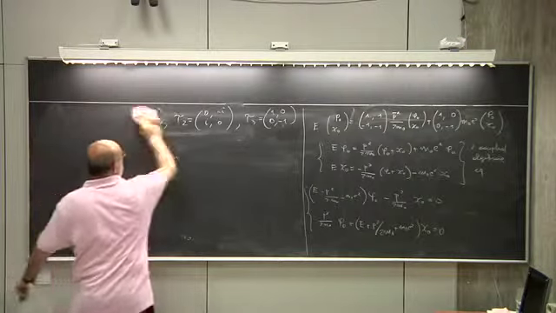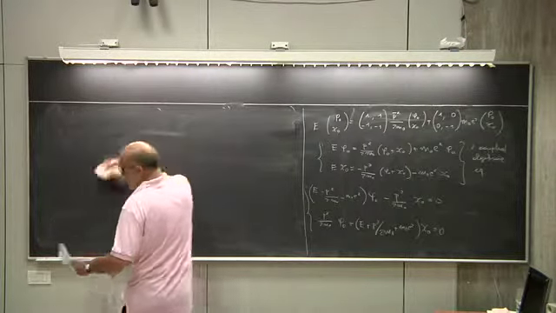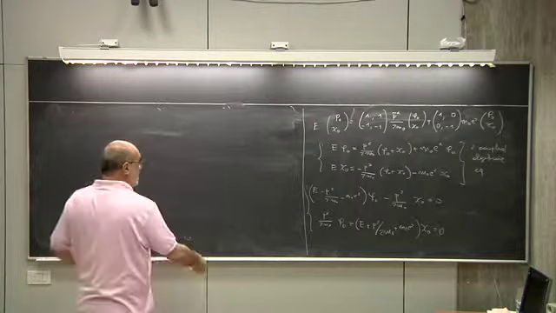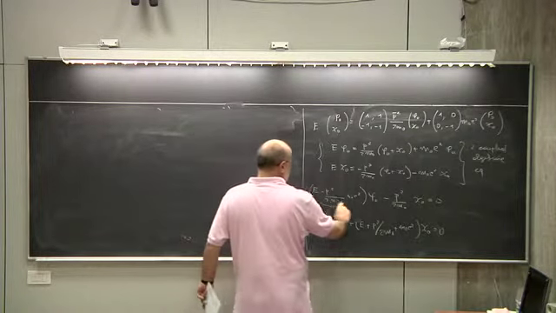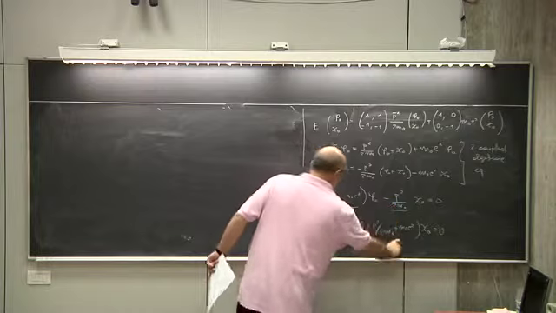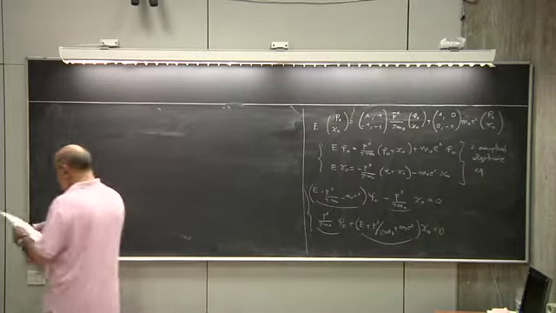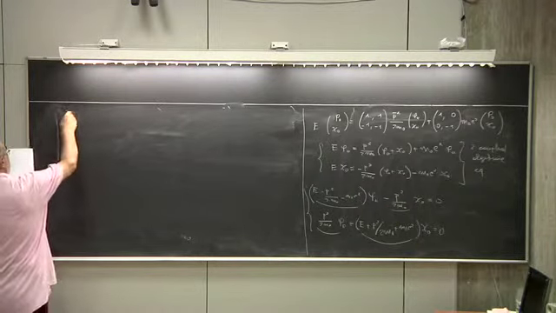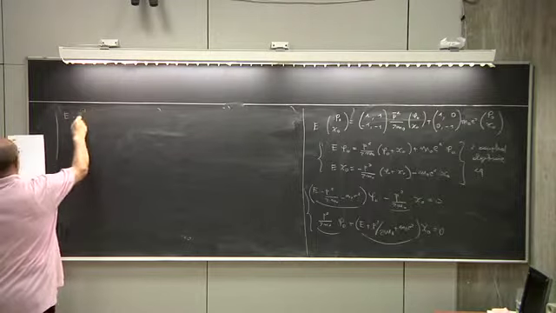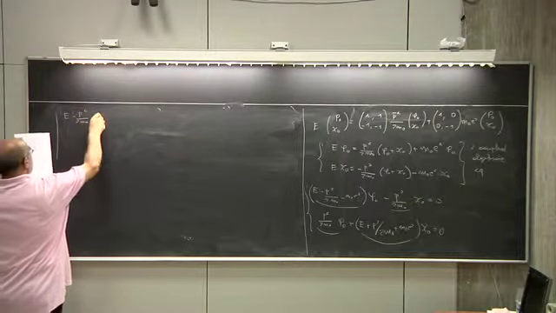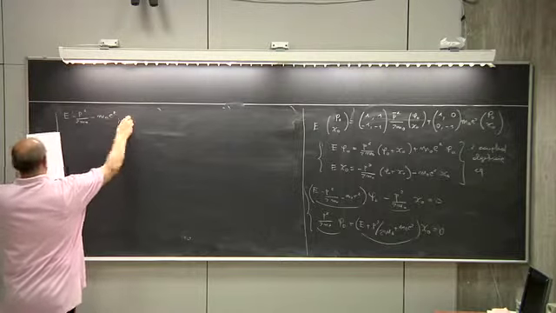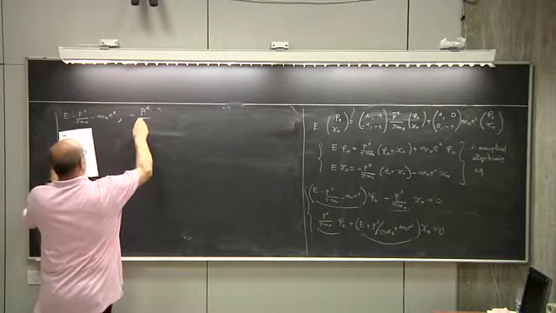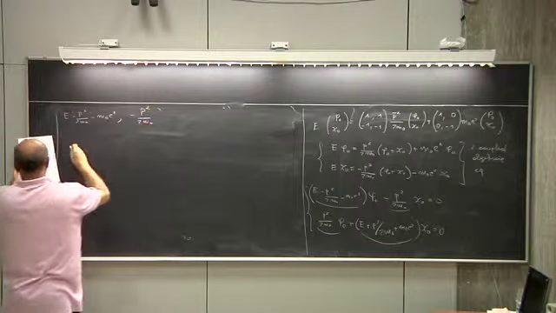So, for that equation to have a solution, the determinant of the coefficients must be 0. So it means E minus p square over 2m0 minus m0 c square, minus p square over 2m0.